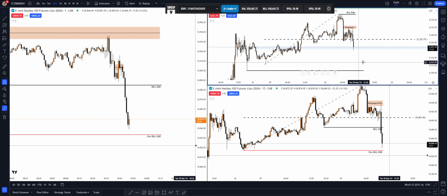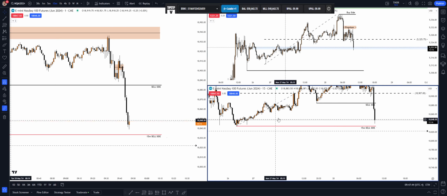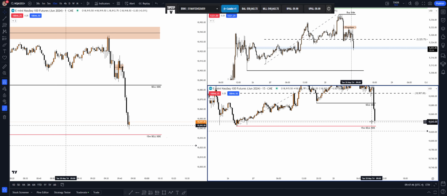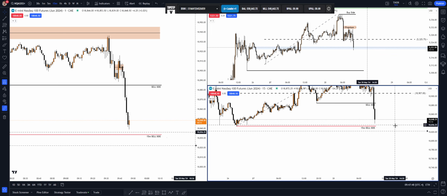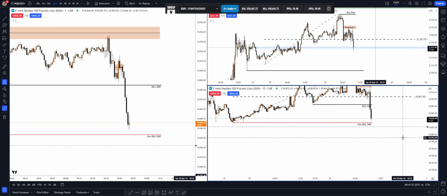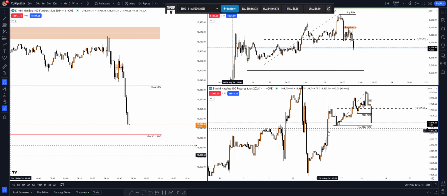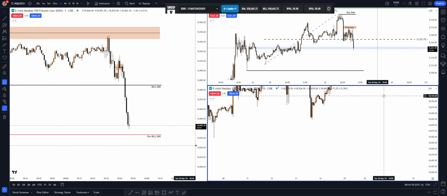So as you can see, the ES target is way below Nasdaq. Because of that, I think we're going to have a little bit of continuation on Nasdaq here after the 15-minute low. Where can it go though? Maybe the CE of the hourly FVG.